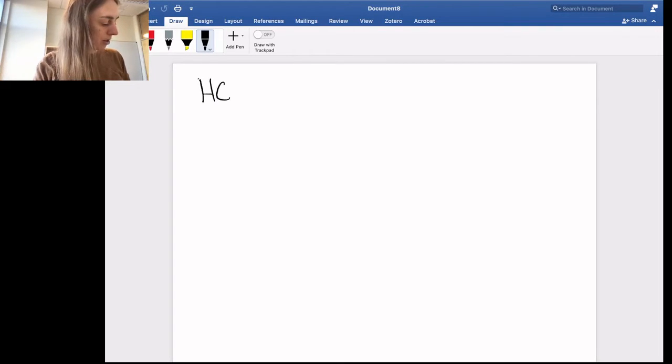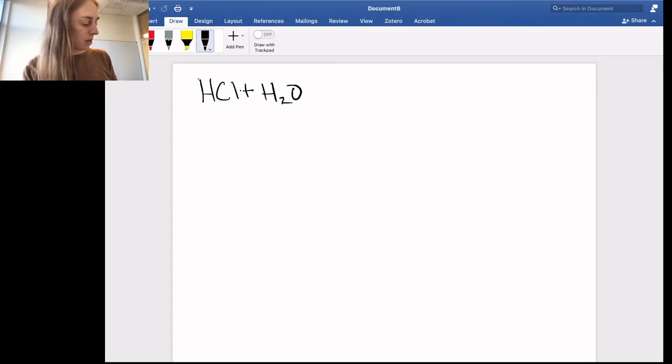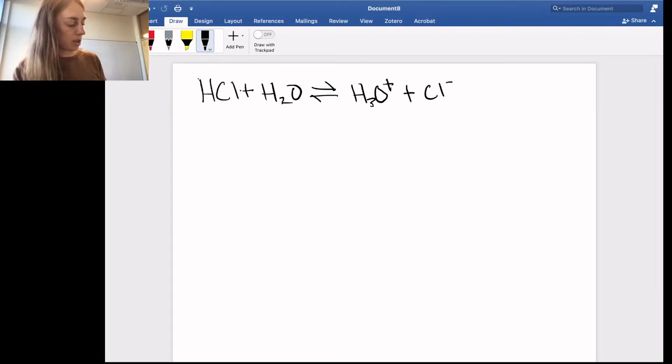We have hydrochloric acid plus water yields our hydronium ions and our chloride ions. As a reminder, we added 10 to the negative 3 moles per liter, which is also the molarity, and what is the pH? That's what we're looking for.